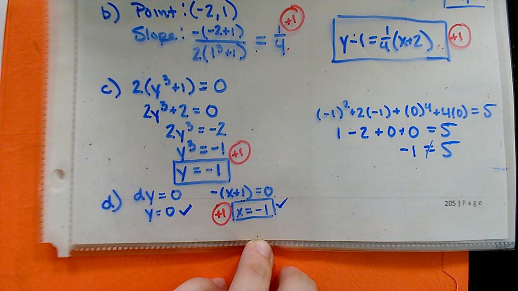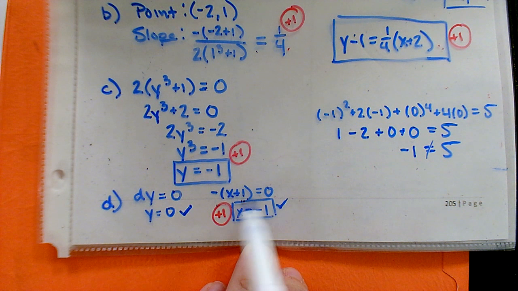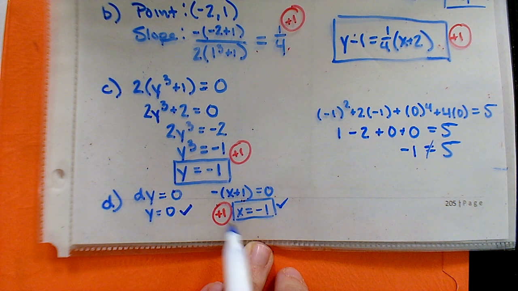All right. So let's explain our reasoning. Let's think about this. We started off by showing how the derivative or the slope is 0 at negative 1. This is the only spot on the curve where you can draw a horizontal tangent line.